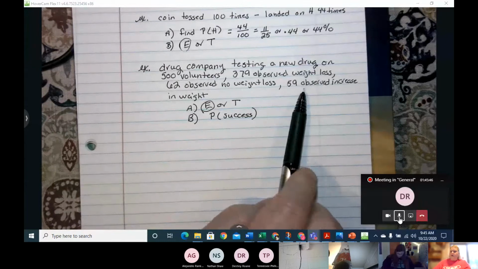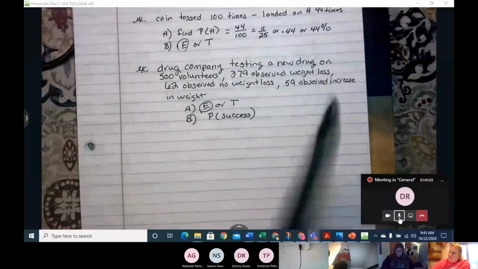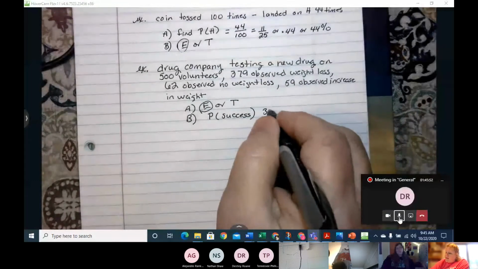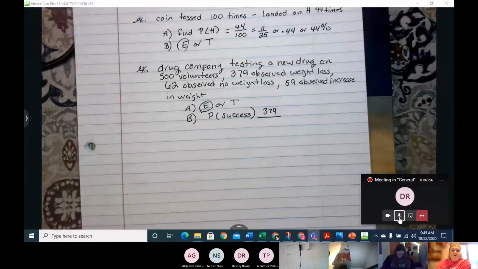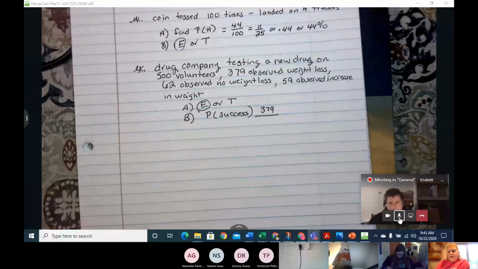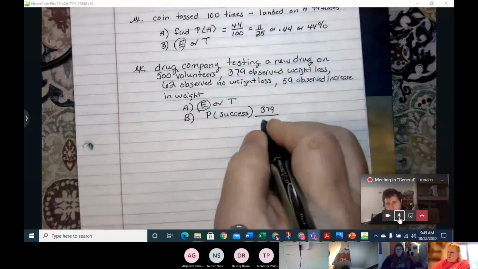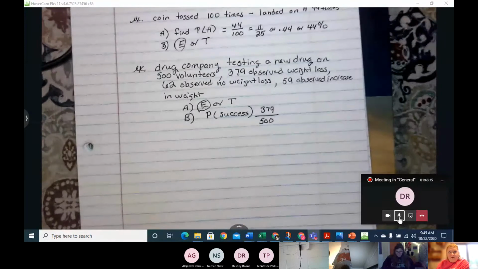No. We're going to focus on the people who had weight loss. So that would be 379 over, what was the total number of participants? The total number of participants was 500.